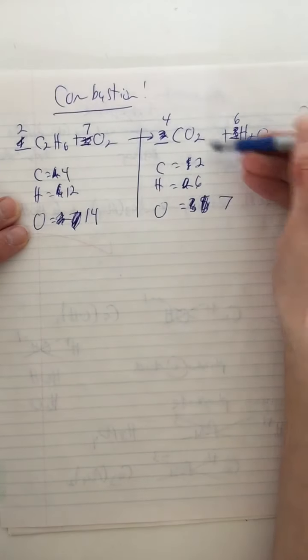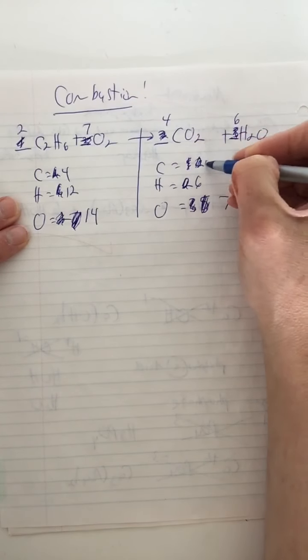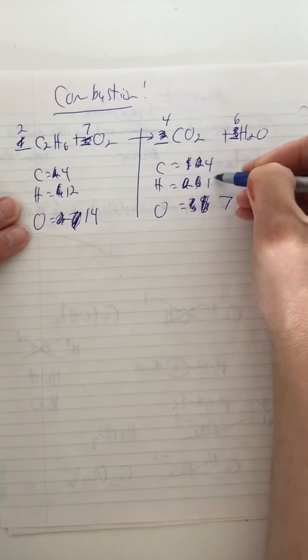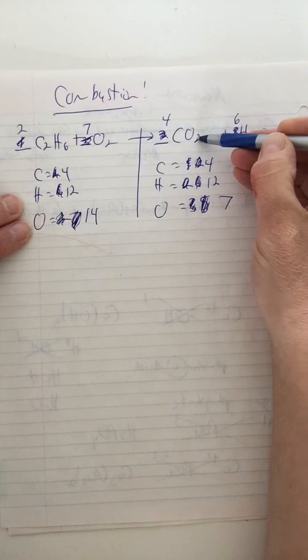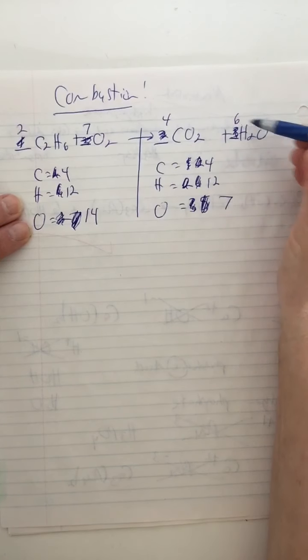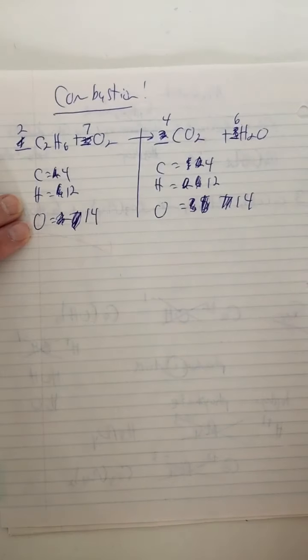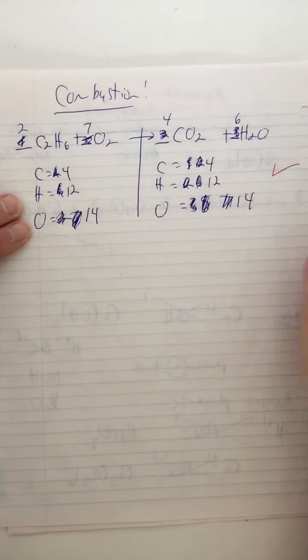And on this side, carbons I have 4, hydrogens I have 12, and here I've got 2 times 4 is 8, plus 6, 14. So I am balanced. Okay, so that's a combustion.